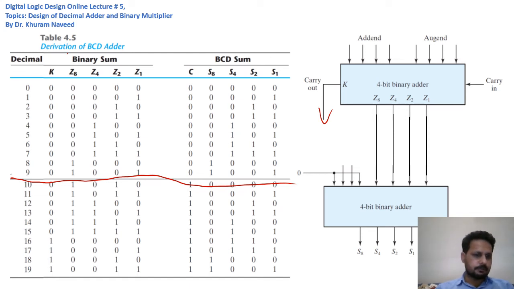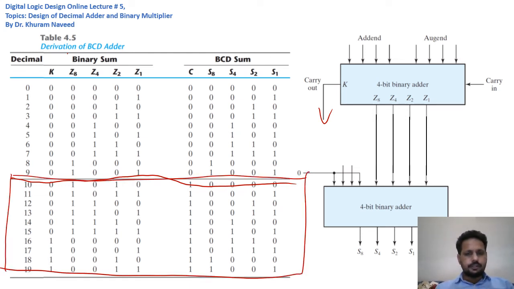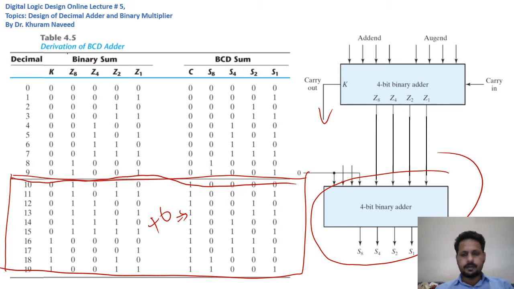But for this particular part of the table, we need to be able to detect these numbers to add 6 and get the corresponding BCD sum, right? For that reason we have attached this 4-bit binary adder to add this 6.